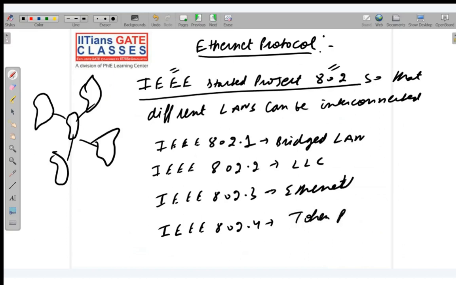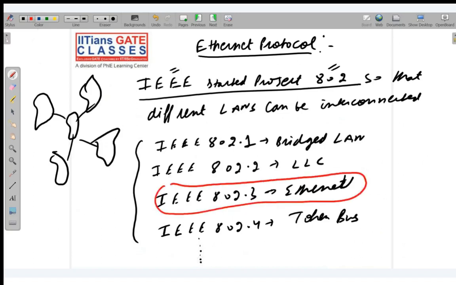There were many standardizations which IEEE has given. I'm not going into details because it is not in your GATE syllabus. So our main focus will be on IEEE 802.3, that is Ethernet.